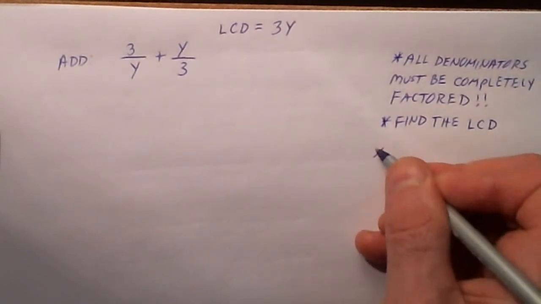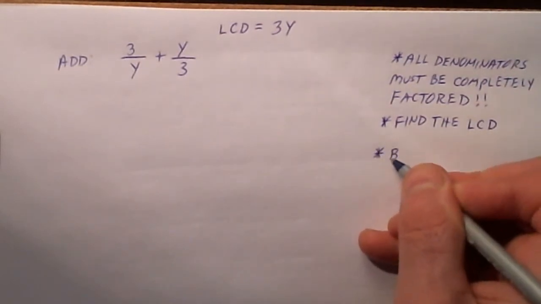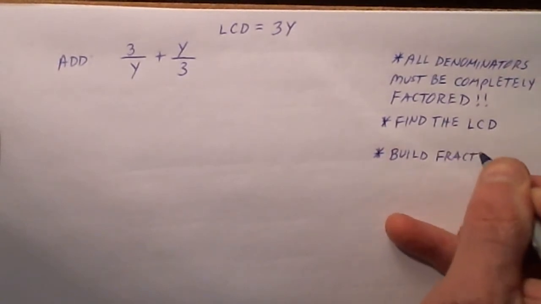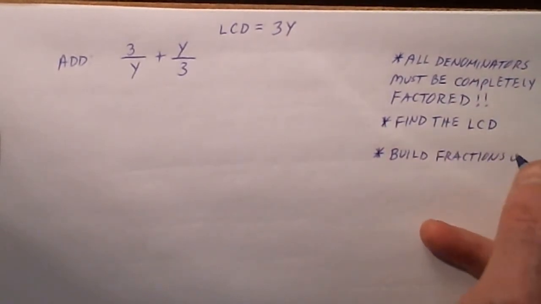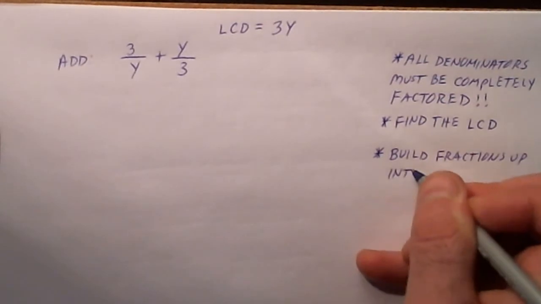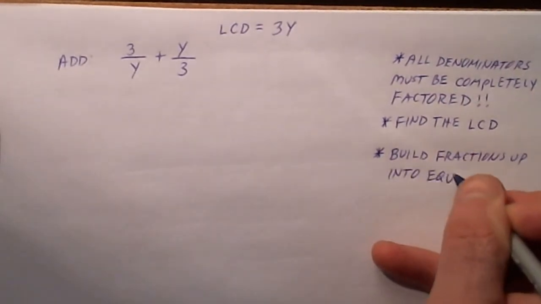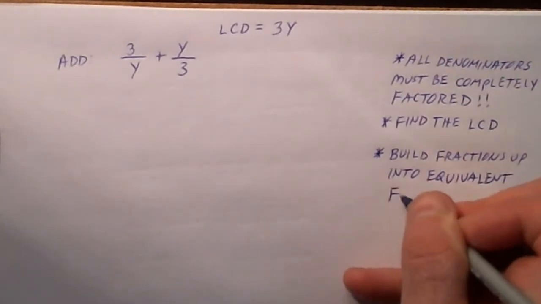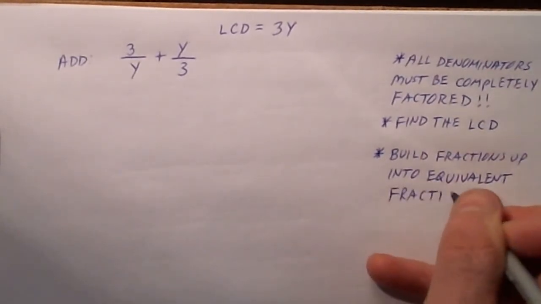Now the next step is, once we find the least common denominator, we're going to have to build our fractions up into equivalent fractions.